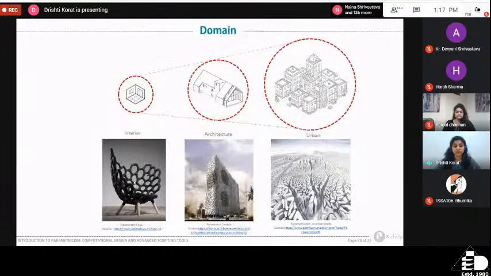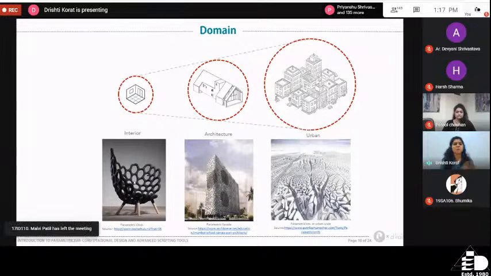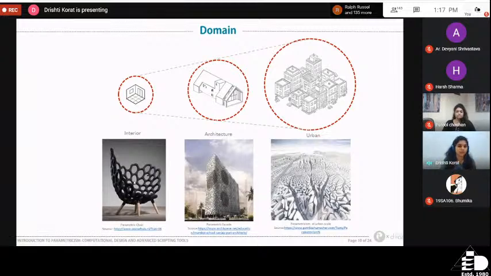Furthermore, if you look at the domain, which is to say the scale of this methodology, it's essentially scaleless. You could design systems from furniture, interior elements, partitions, ceilings, any element within interior design, to the form of a building or spatial organization, what we call bubble diagrams, when we say what space will be next to what.